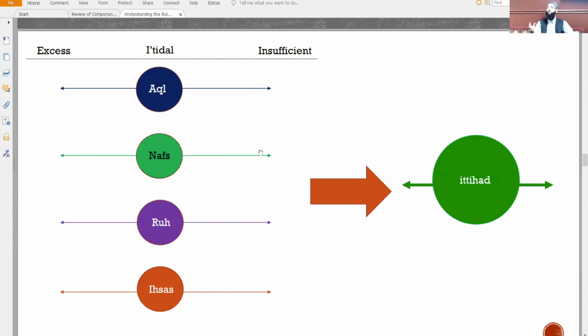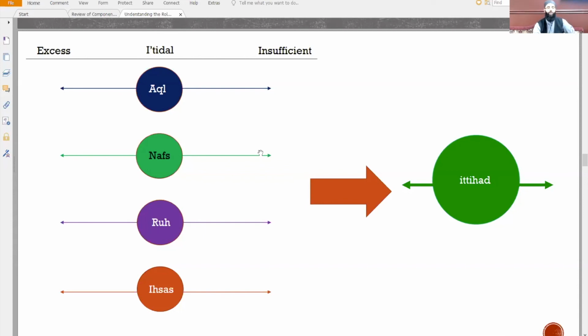We're looking at engendering a higher level of contentment, and even spiritual engagement, for example. This is where we might call this process of going to ittihad, and it's through muwasala, which is continuity.